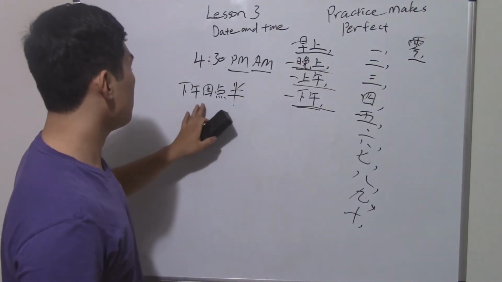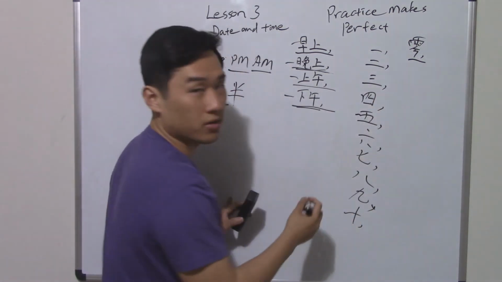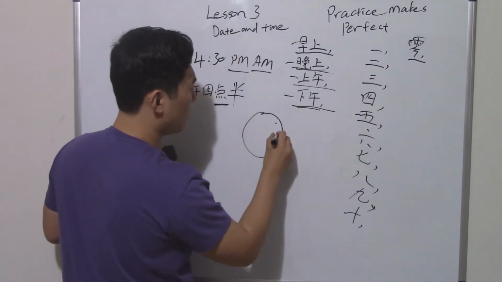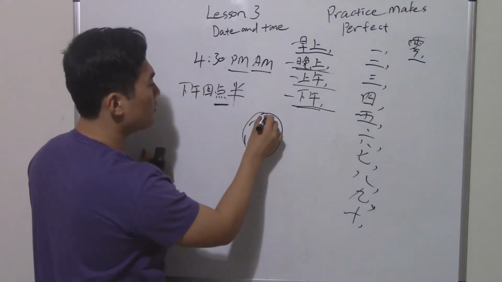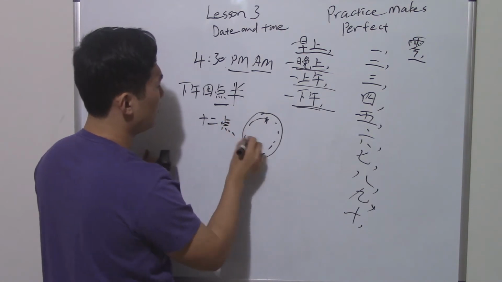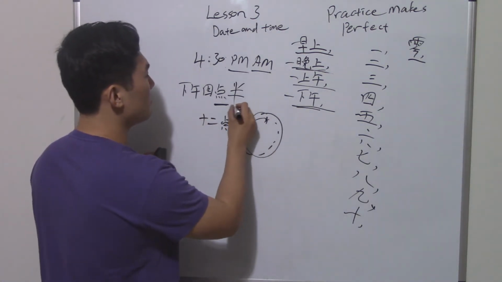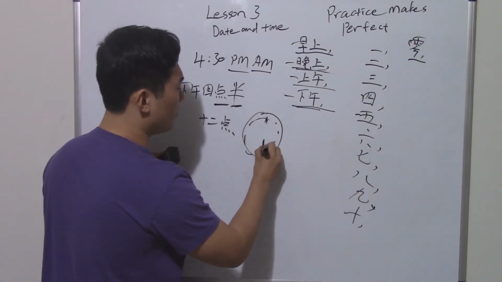Then 点 here means hour, and you simply put any of the numbers on the clock, so number 12 will be 12点. 半 basically means half, which can only point to 30.